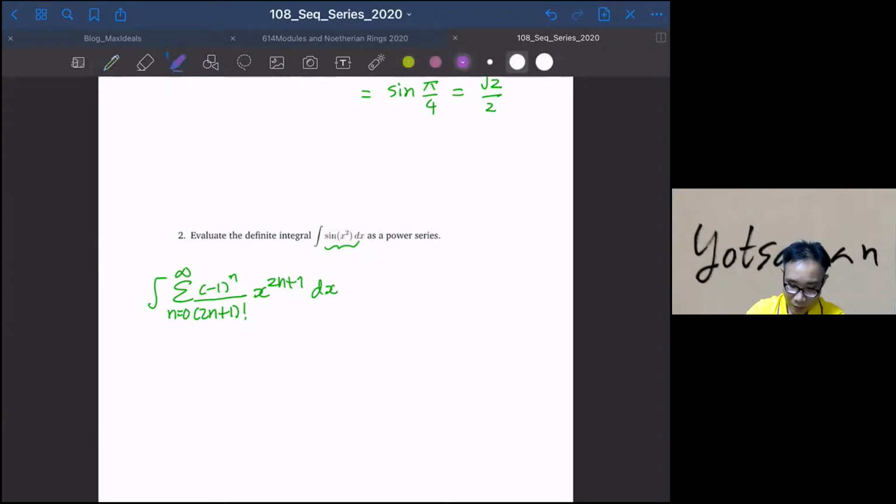However, it's not x, it's going to be x squared.